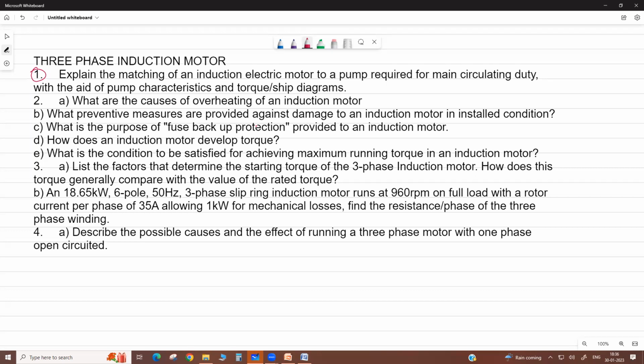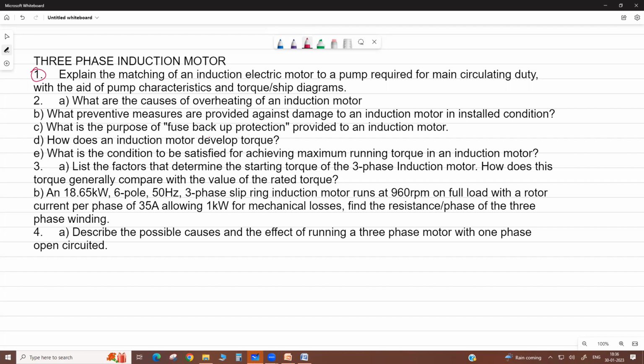Other protections are from overload, short circuit, under voltage, overcurrent. Temperature monitoring also in large size motors: we monitor the winding temperature by inserting a thermocouple in the stator. These are the preventive measures we put on an induction motor in installed condition. So basically motor protection.